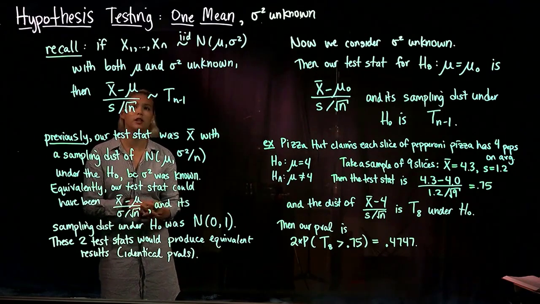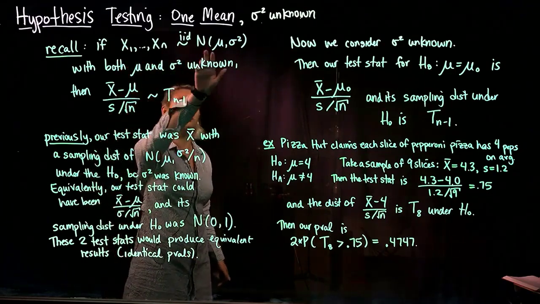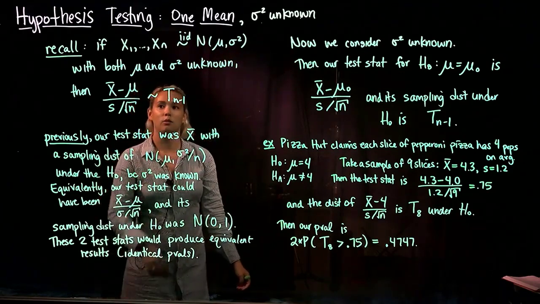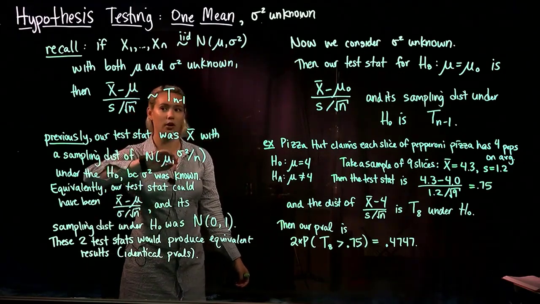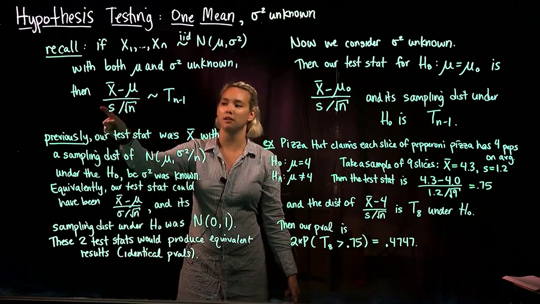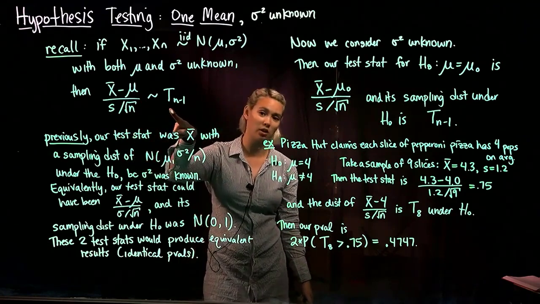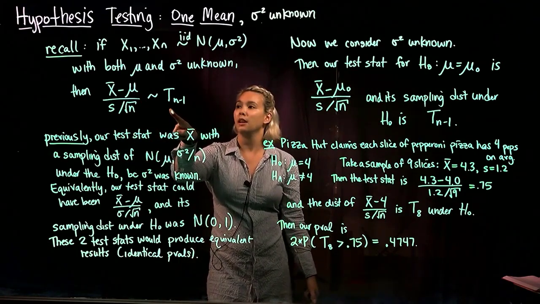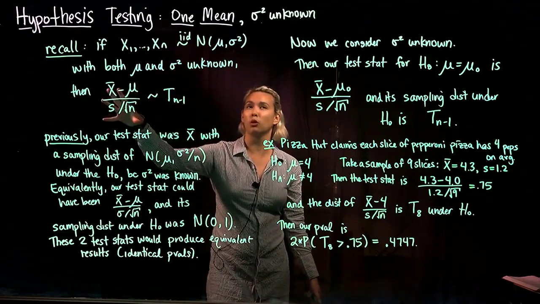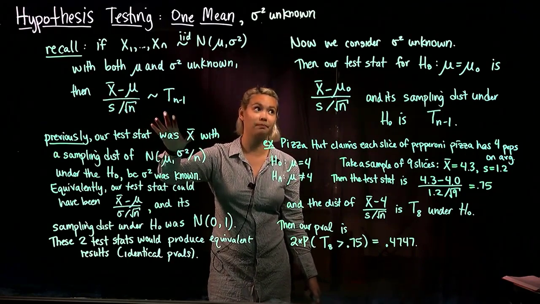Remember from those videos, if we had a random sample of size n from a normal distribution with mean mu and variance sigma squared, with both mu and sigma squared unknown, then our sample mean minus our population mean, divided by s over root n, would have a t distribution with n minus 1 degrees of freedom. We are going to use this when we talk about hypothesis testing for a mean when sigma squared is unknown.